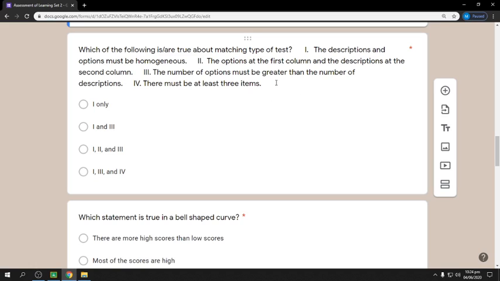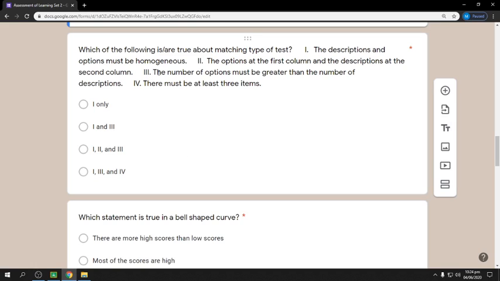I'm not quite sure about this rule, but I know there should be. The more options and more descriptions that you have, the better, right? It says here at least, so I'm not quite sure about this. Let's try option number 3.